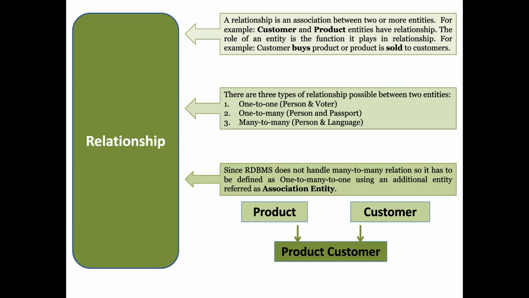Always pick up two entities. If you keep 10, 20 entities in front of you and try to relate them at once, you will make mistakes. So the best practice is, out of those 50 or 100 entities, you pick up two entities. How do you pick them? Take those two entities which have a direct association, meaning in between those two entities no third entity is there.